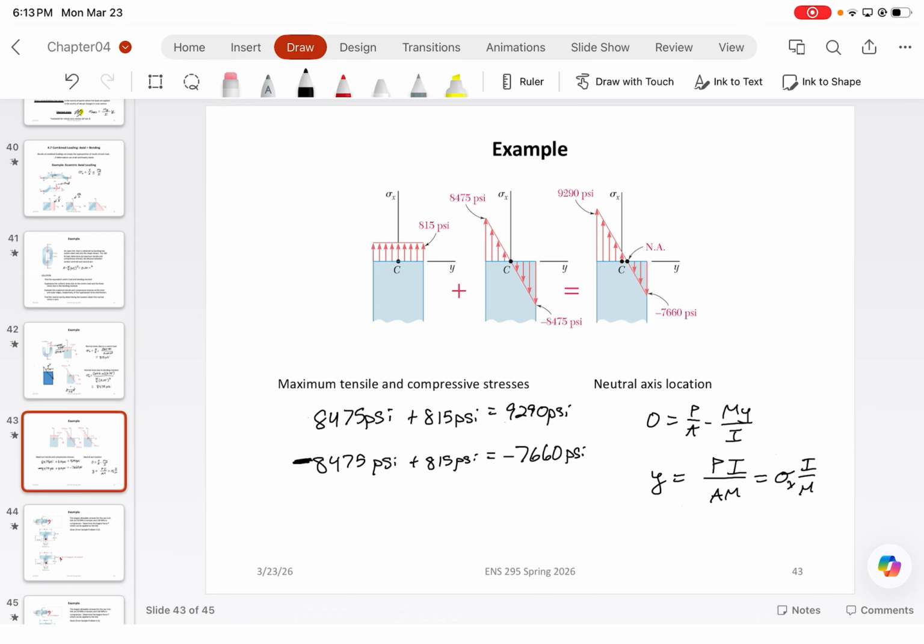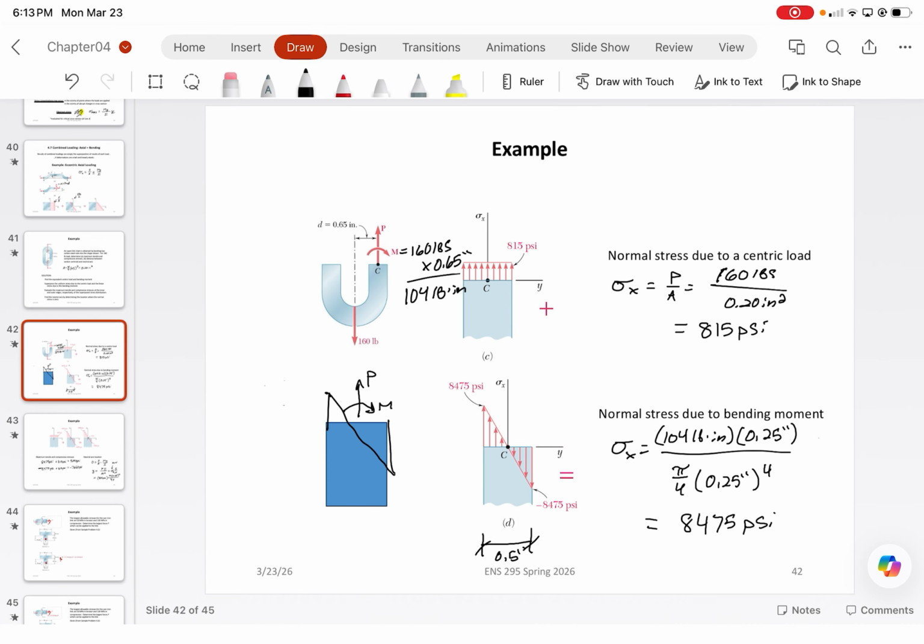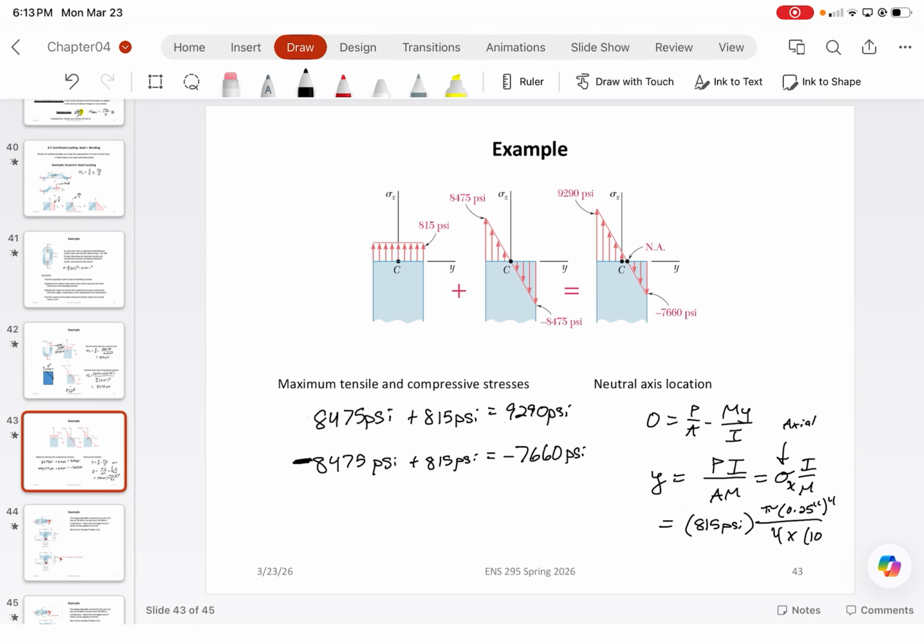So that's for axial, which is just equal to the 815 PSI that we had previously computed, times I, which was pi over 4 times 0.25 inches to the fourth, and then divided by the bending moment, which was equal to, where did I calculate it? 104 pound-inches, which means that the neutral axis is actually 0.0240 inches away.